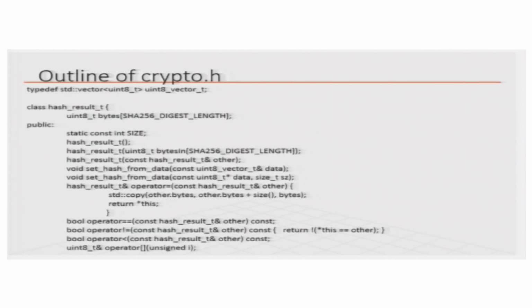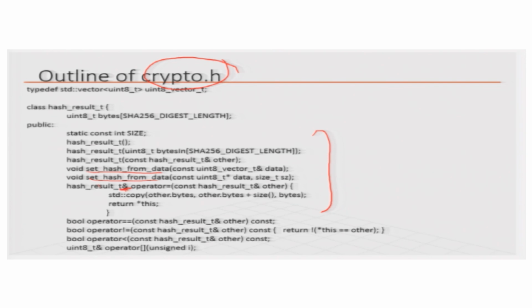The crypto.h has the prototypes of the crypto functions and the classes. In this case the hash result class is defined here, and it has all the constructors, it has a way to set hash from data, and also it has hash result.